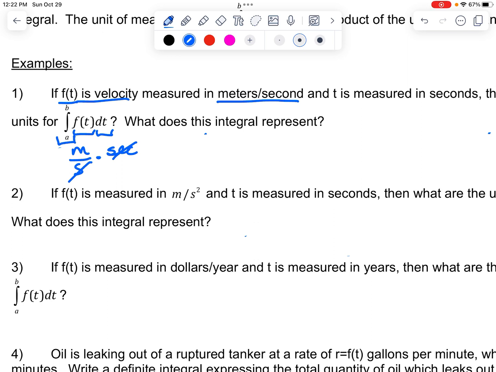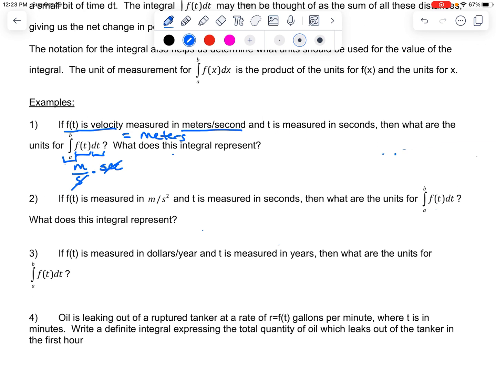Now the integral symbol doesn't change your units. All it says is you're adding up a whole bunch of meters, so we still end up with meters at the end. When you take the antiderivative of the velocity function, your final answer is meters, which represents the position function.